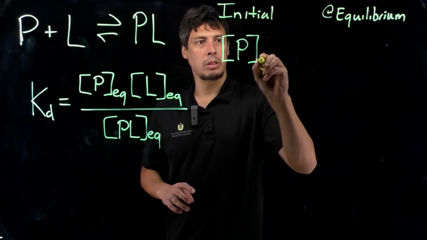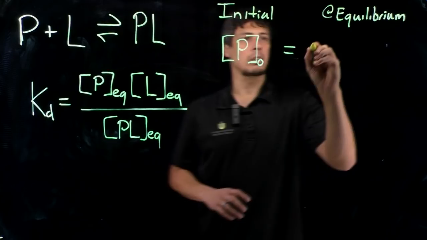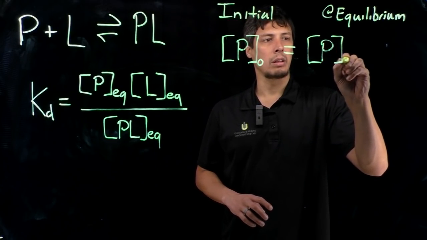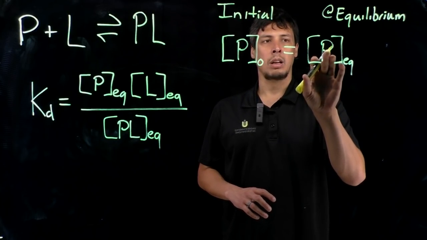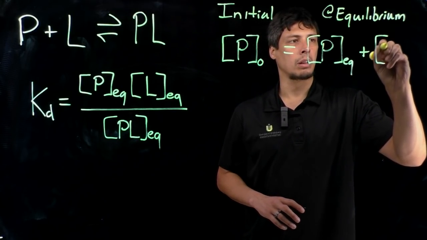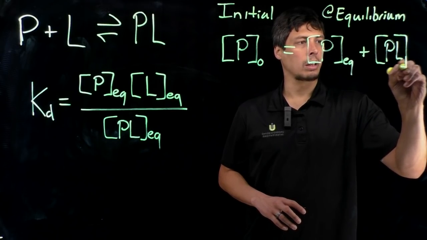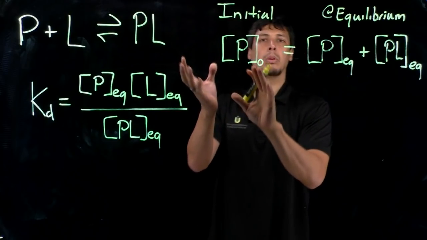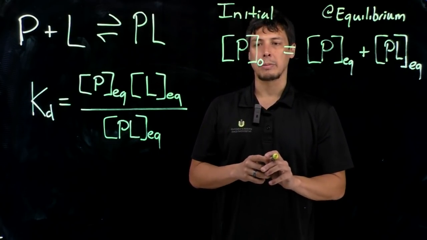If the initial protein concentration is equal to P naught, as shown here, at equilibrium that's going to be equal to the amount of protein that remains free and is not bound. So we denote that as the concentration of P at equilibrium plus the amount of protein that is in the protein ligand complex at equilibrium. So that accounts for the total amount of protein that was there when the reaction started.